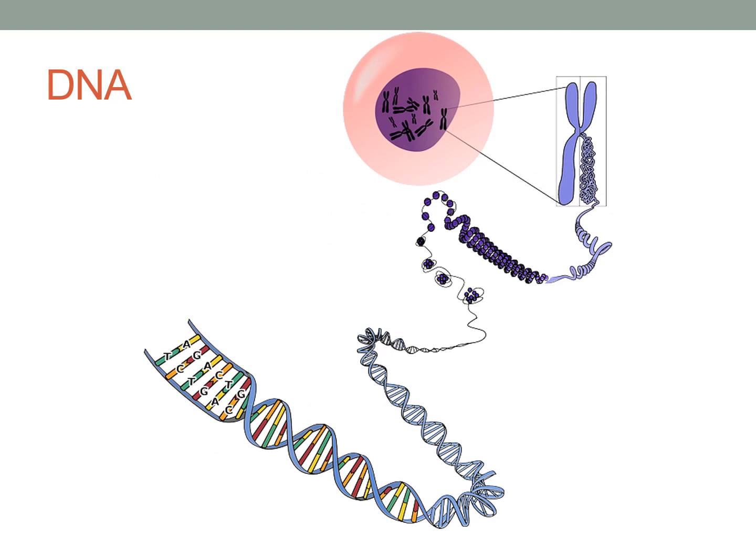Here again is a representation of a cell, the nucleus, and we can see these little X-like things, which are called chromosomes. Here's what a chromosome is. Here's our DNA, that double helix, that spiral ladder with the A, T, G, and C's that we learned about last time. We package it up, ball it up with some proteins, and stick it into a package called a chromosome.